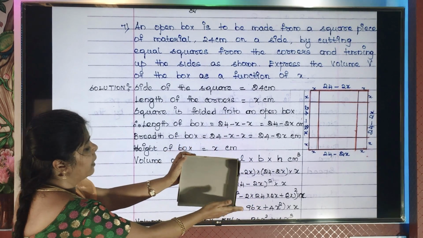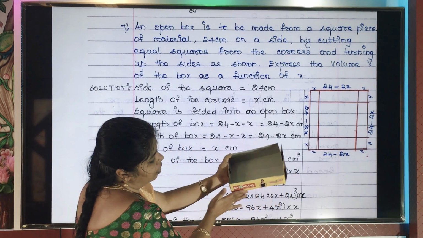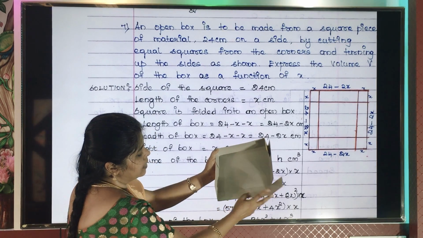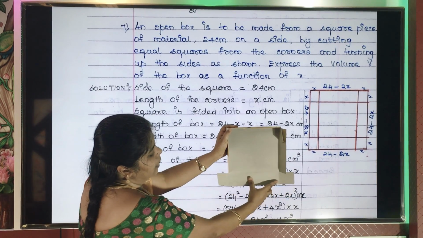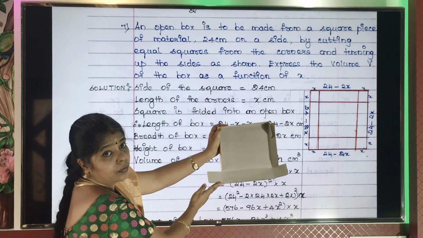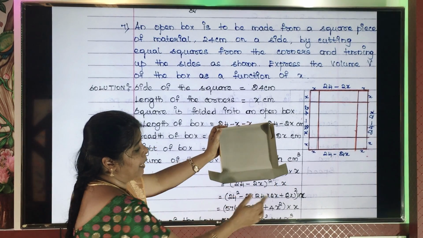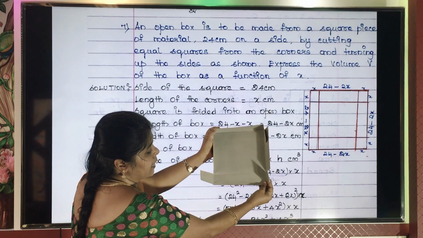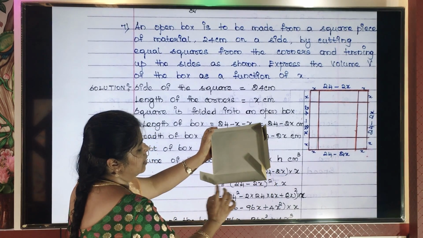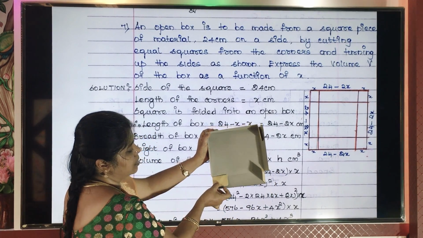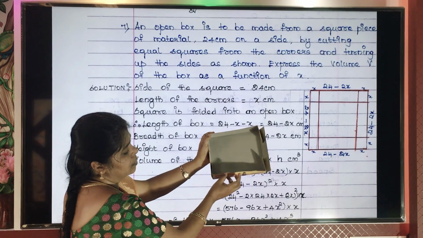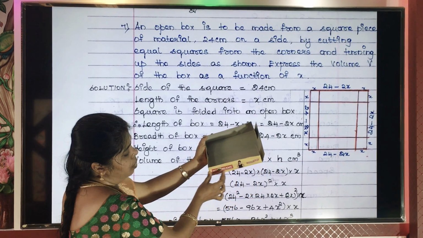Now what will be the length? See, what will be the length? First, what was the length? It was 24. First the length was 24. But now what happened? One x goes like this and the other x goes like this. So you could see it has become small.